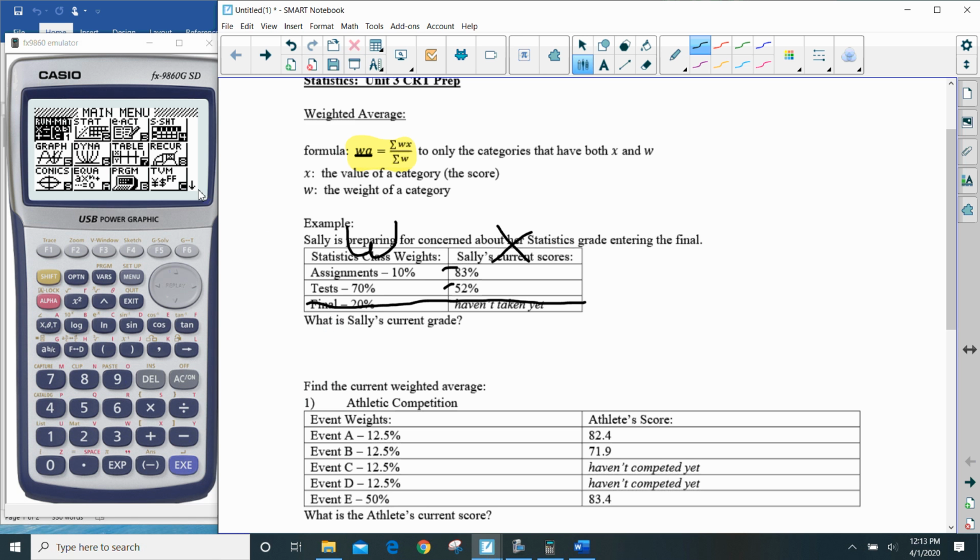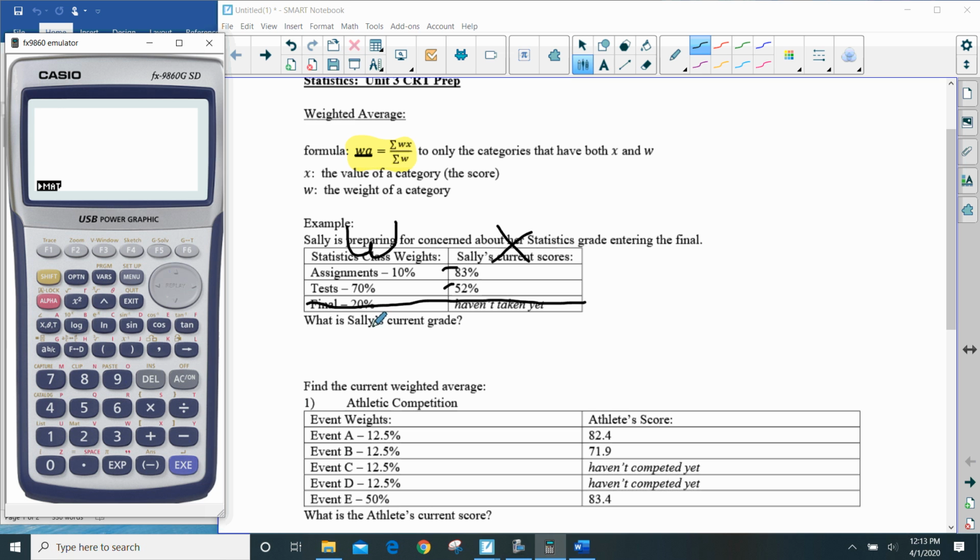So real quickly, what is Sally's current grade? We can go to our calculator here, and the top would be the weights multiplied by the scores, added up.